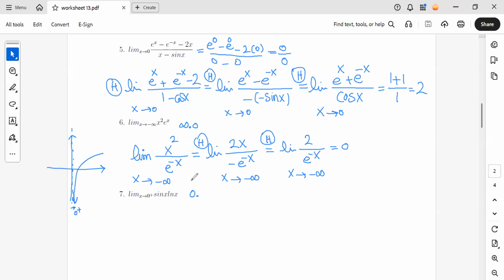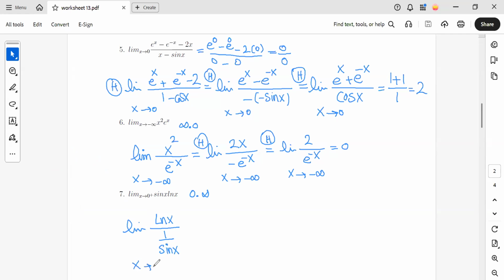So we would have 0 times infinity, and we are going to use L'Hopital, but before that we would need a fraction as infinity over infinity or 0 over 0 to be allowed to use L'Hopital. Okay, I will write limit of ln of x over 1 over sine of x.